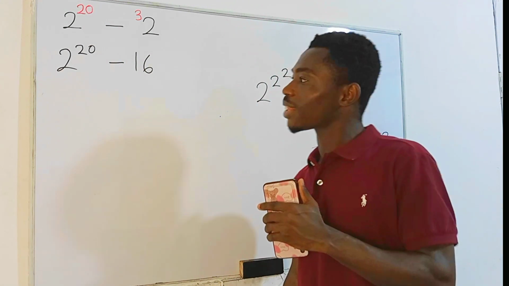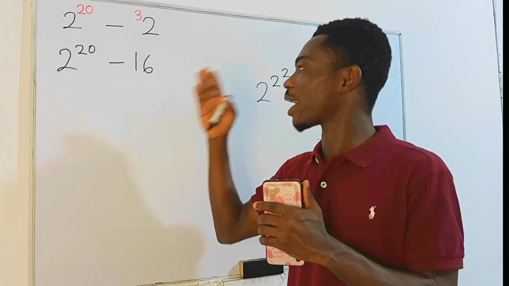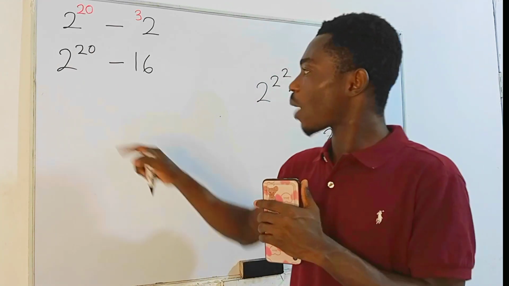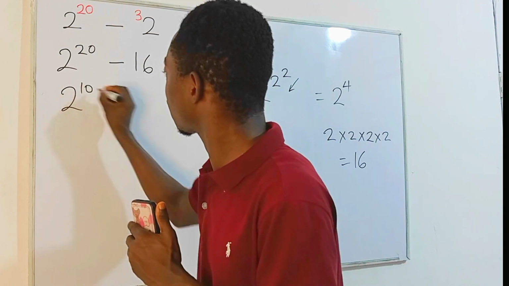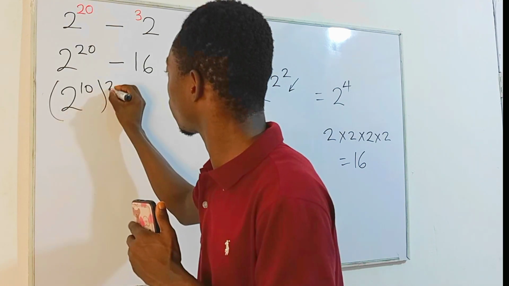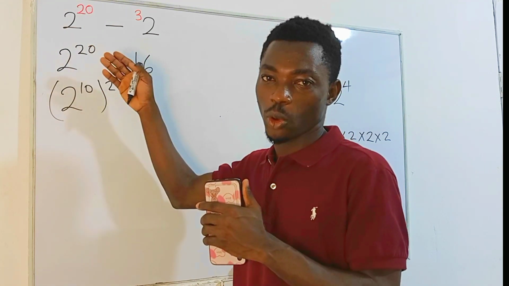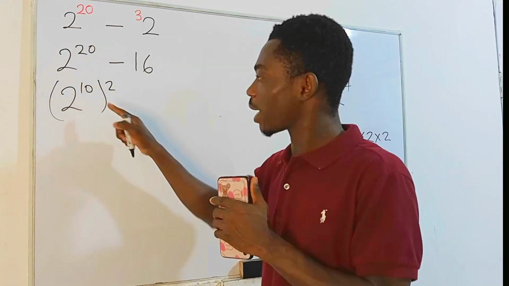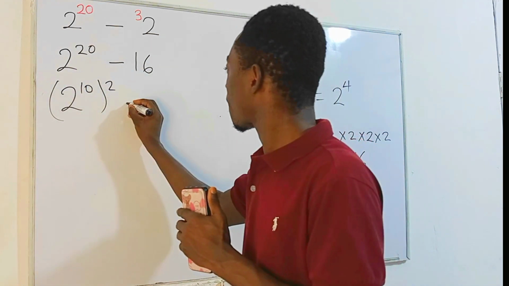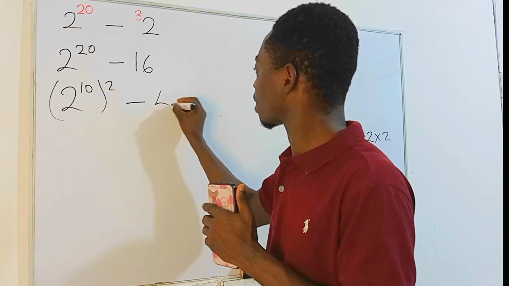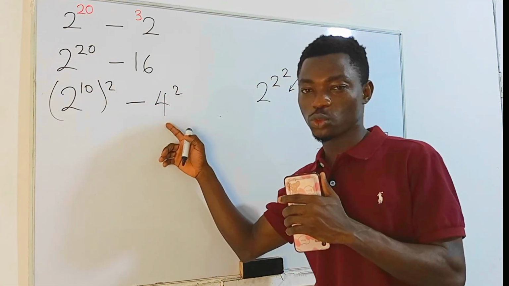There we go. Now, this is a very big number, so we have to break it down so that we can actually tackle it. So I'll rewrite 2 to the power 20 as 2 to the power 10, all raised to the power 2. Remember, this whole thing is the same as 2 to the power 20 because from one of the power rules, we can multiply these exponents to get back our 20. Then minus 16 is also the same as 4 squared. And this time we have a difference of two squares.